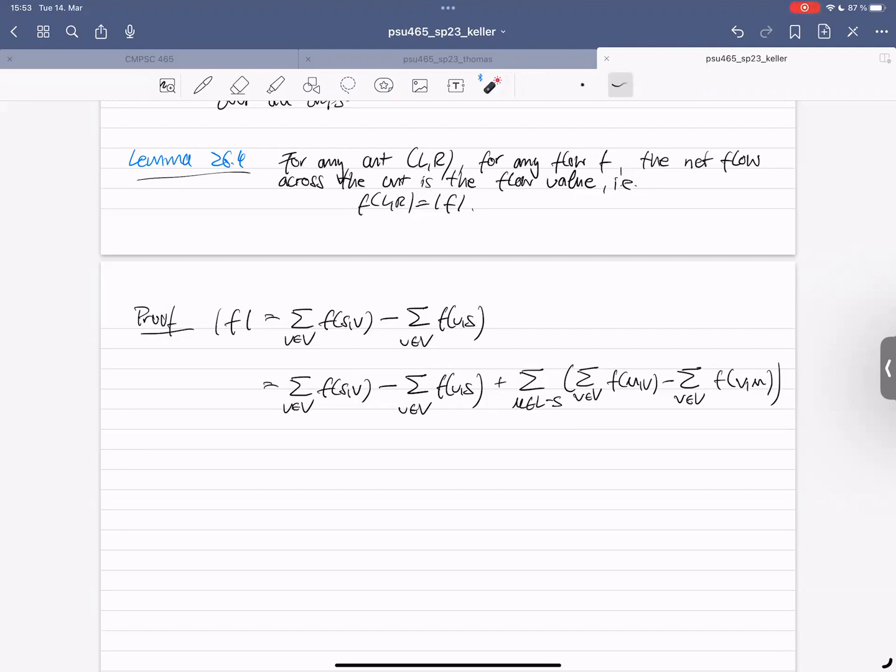Give me a second in case you're writing this. So I have here a sum over all vertices in my left partition of the nodes, except for the source vertex, and I'm summing up these values here. Can anyone tell me what that sum would be, or what the value in these brackets is?